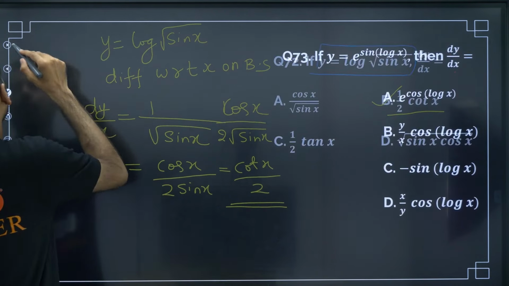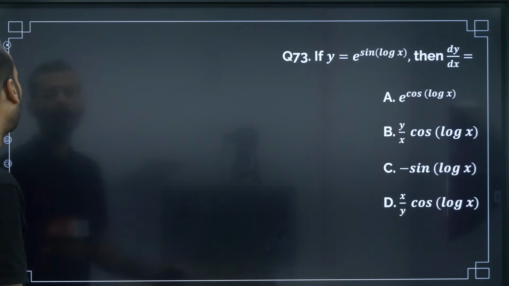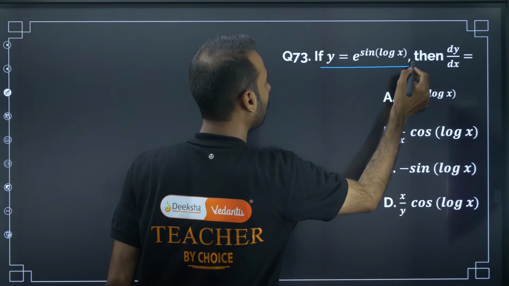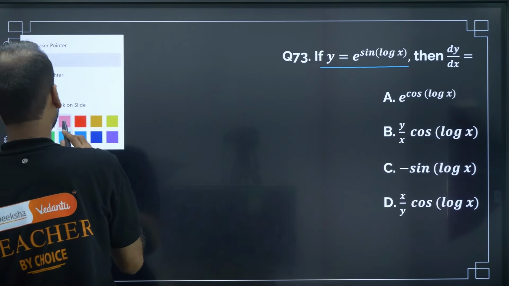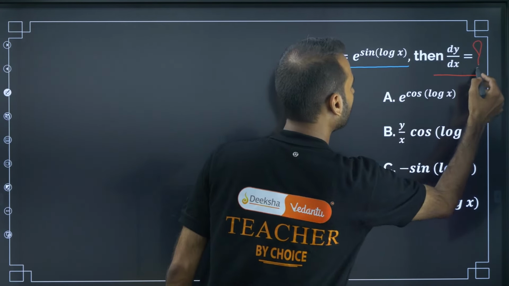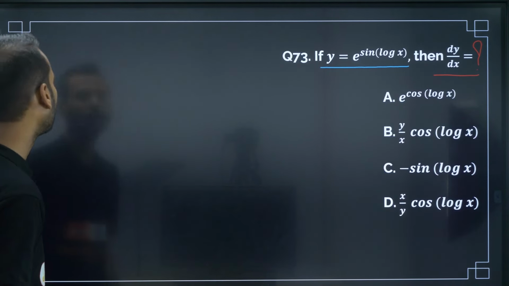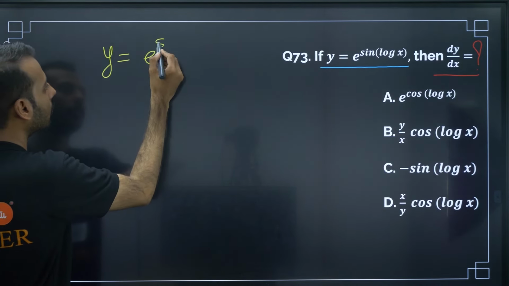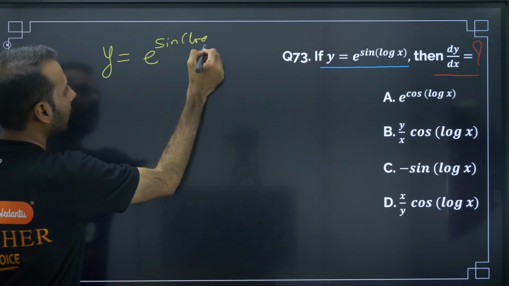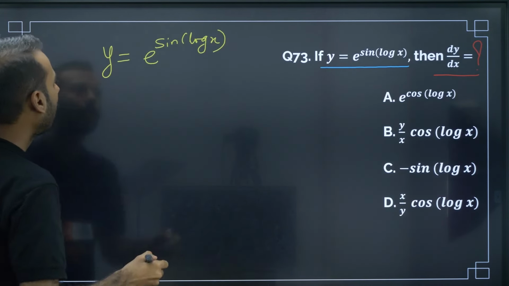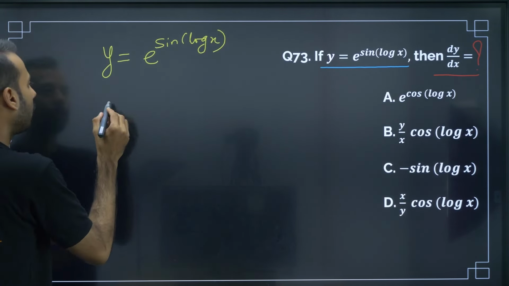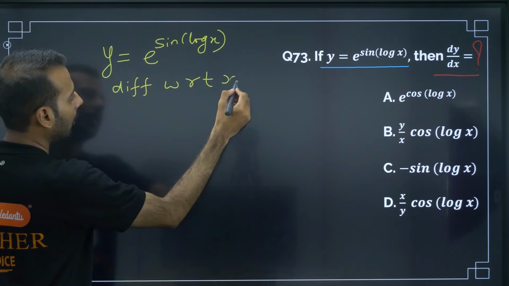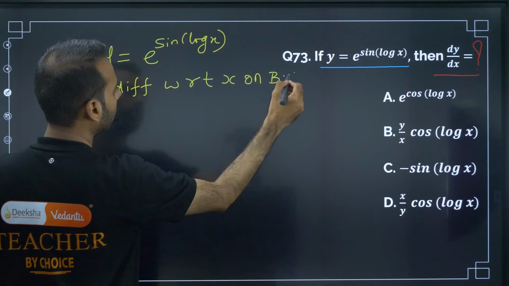Moving on to next question. y is equal to e raised to sine of log x. What are they asking? dy by dx is equal to what? Differentiate with respect to x on both sides.